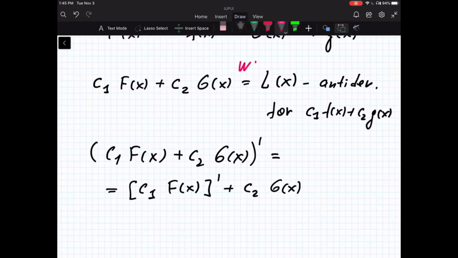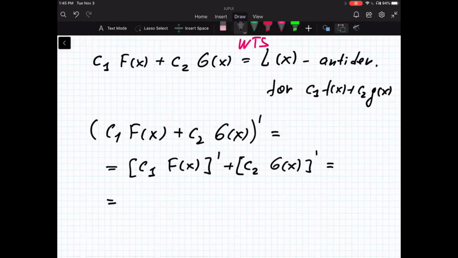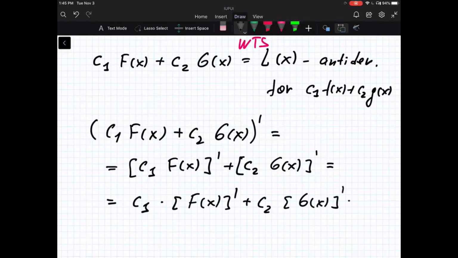This we want to show: c1 F of x prime plus c2 G of x prime. And again, using that a constant can be put in front of the derivative, it is equal to c1 F of x prime plus c2 G of x prime.